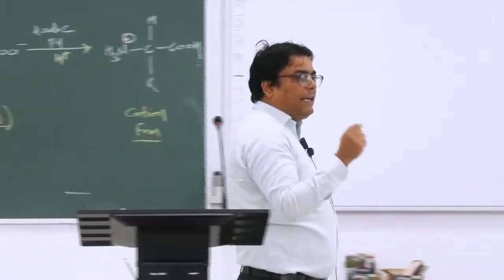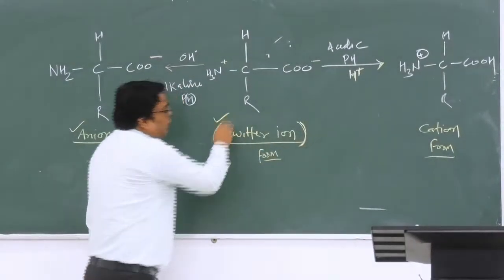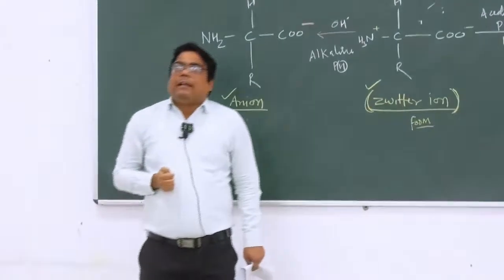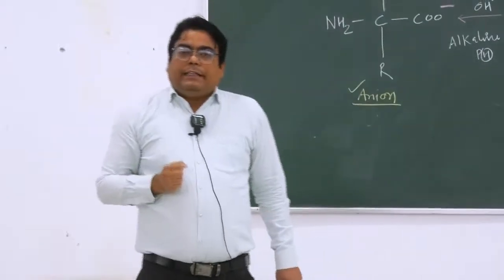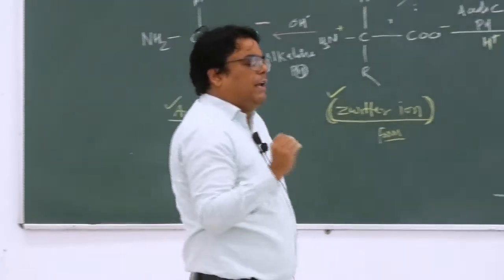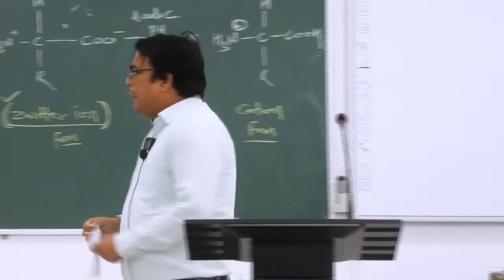So this is how an amino acid attains the zwitterion condition by changing the pH. This property is known as isoelectric pH.